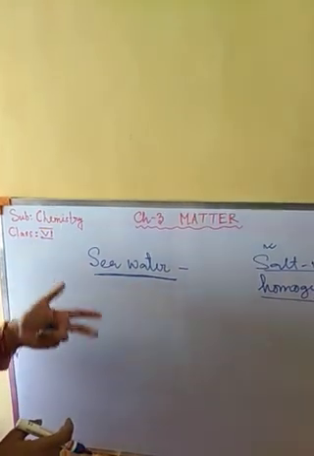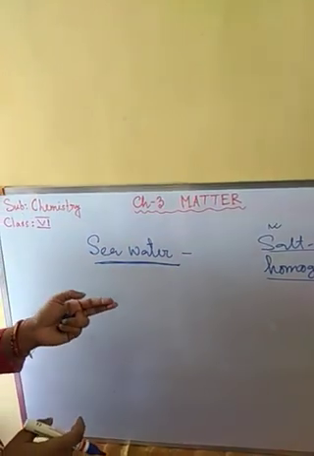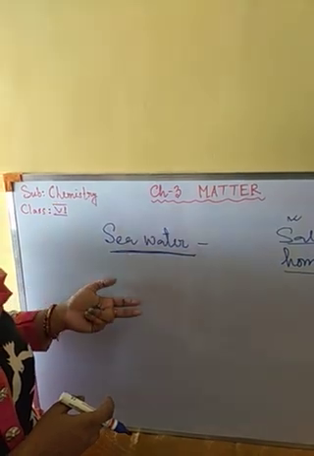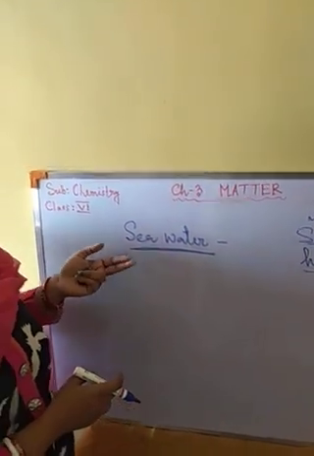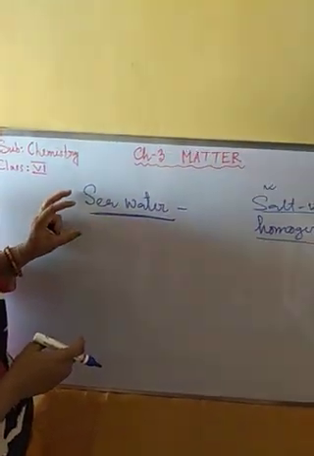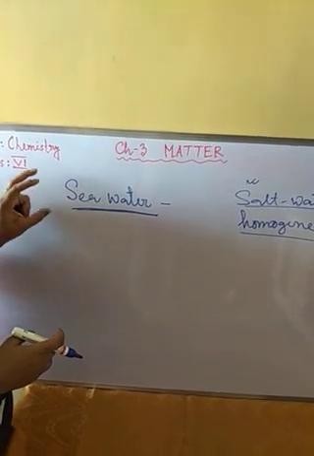So because of the presence of these substances along with salt, different salts are there in seawater. Because of the presence of the decayed plant and animal bodies and mud and sand particles, the composition of seawater is not uniform throughout its volume. We can see the particles separately.